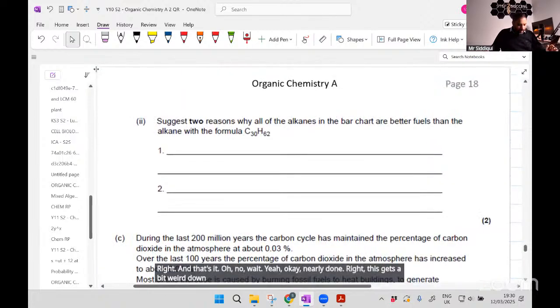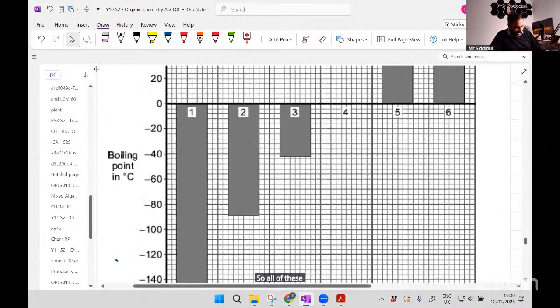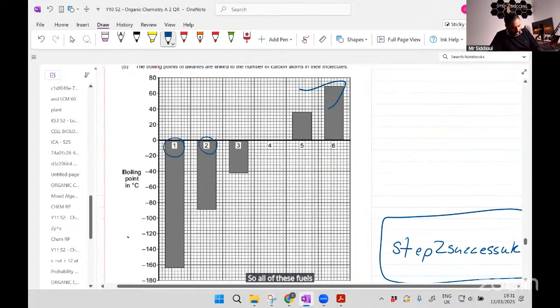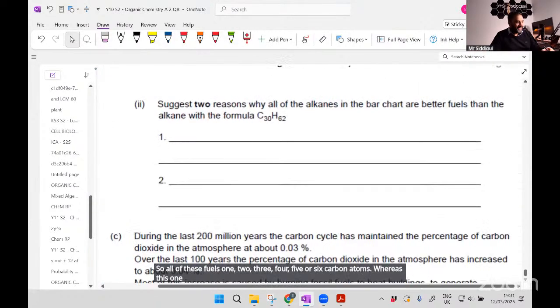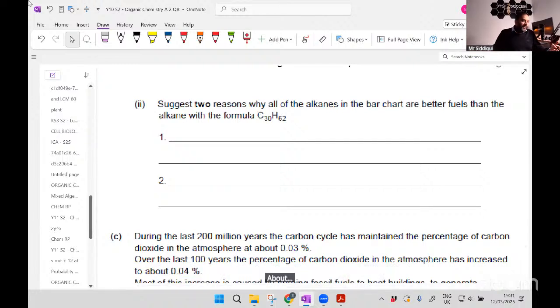Suggest two reasons why all of the alkanes in the bar chart are better fuels than the alkane with formula C30H62. All of these fuels have one, two, three, four, five, or six carbon atoms, whereas this one is much longer, C30H62. What do I know about the longer hydrocarbons? I know that longer hydrocarbons are less flammable.